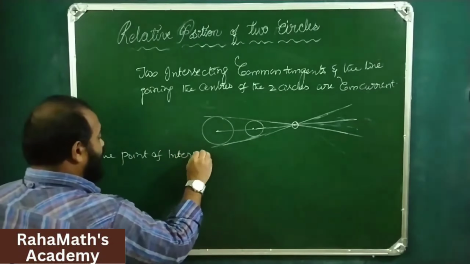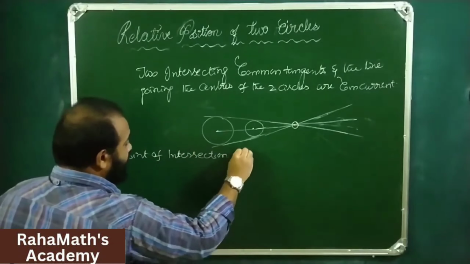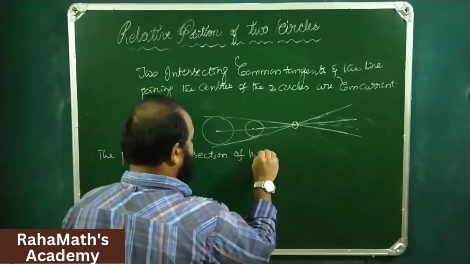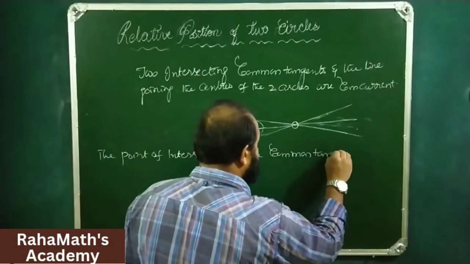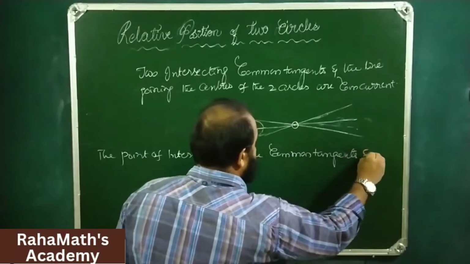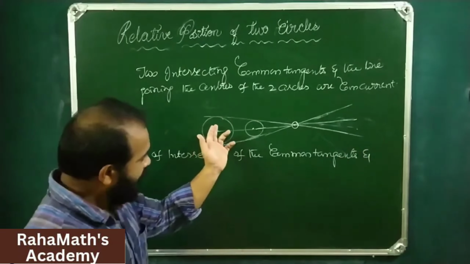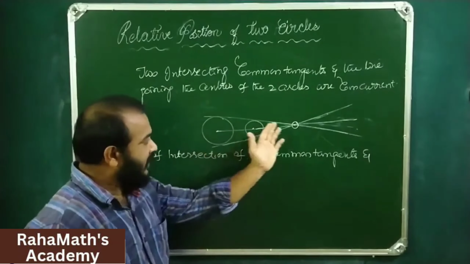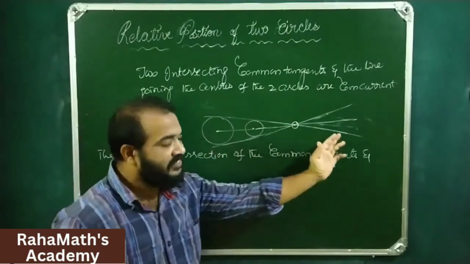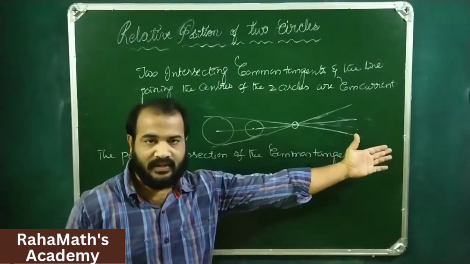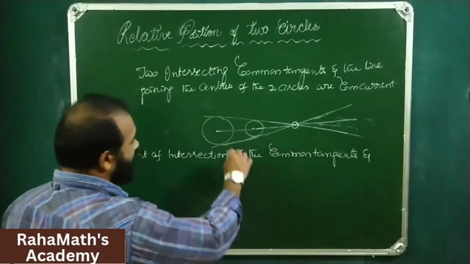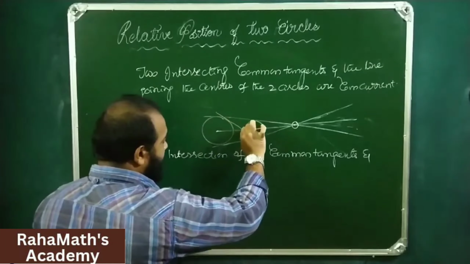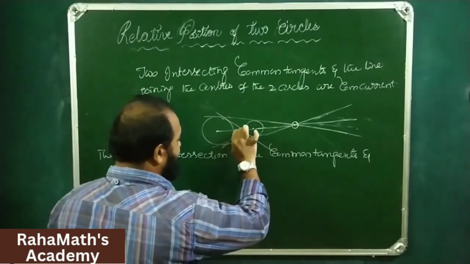The point of intersection of the common tangents. I have taken the direct common tangents as an example and explained this. Otherwise, you may even take the transverse common tangents as well, because this is the transverse common tangent and this is the transverse common tangent.